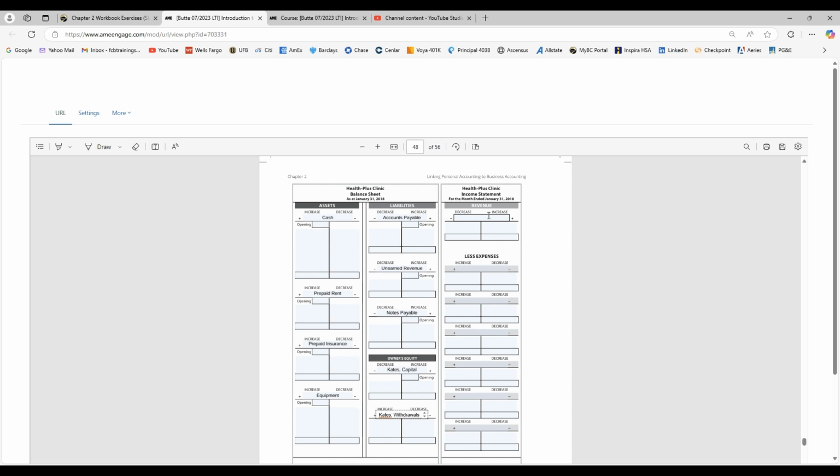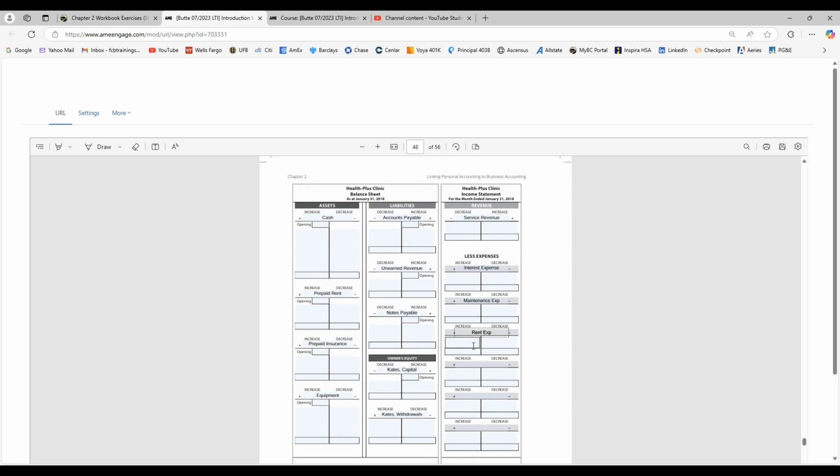Let's do our income statement accounts, our balance sheets. We've got service revenue. And as far as expenses go, we've got interest expense. We've got maintenance expense. I'm just going to put EXP to represent expense.